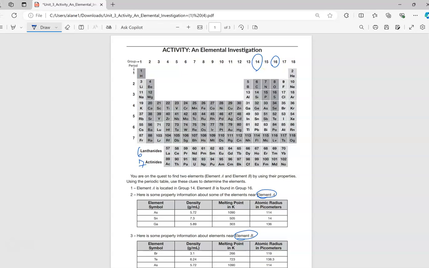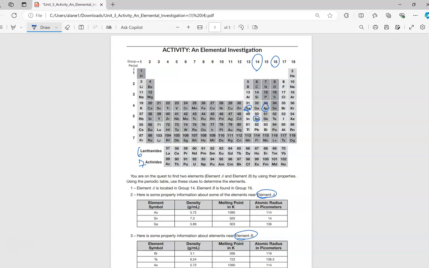So it says here is some property information about some of the elements near element A. So element A is near arsenic, it is near tin, and it is near gallium.